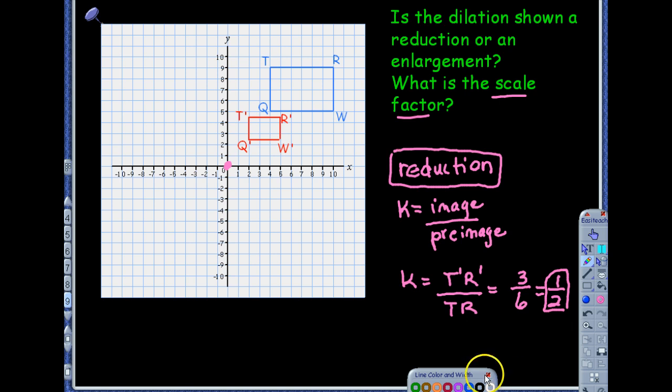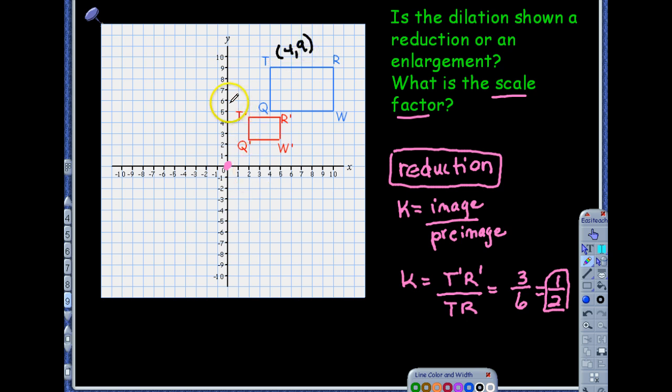Now, another approach is you could find the coordinates of the image and the pre-image, and then see how they compare. That's really nice if it's not segments that are horizontal or vertical. For example, T. What are the coordinates of T? 4, 9. Yeah, 4, 9.